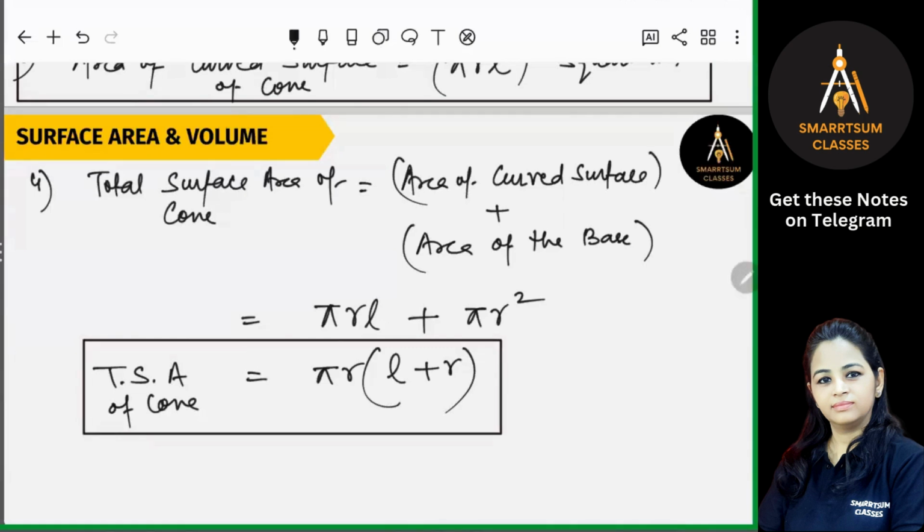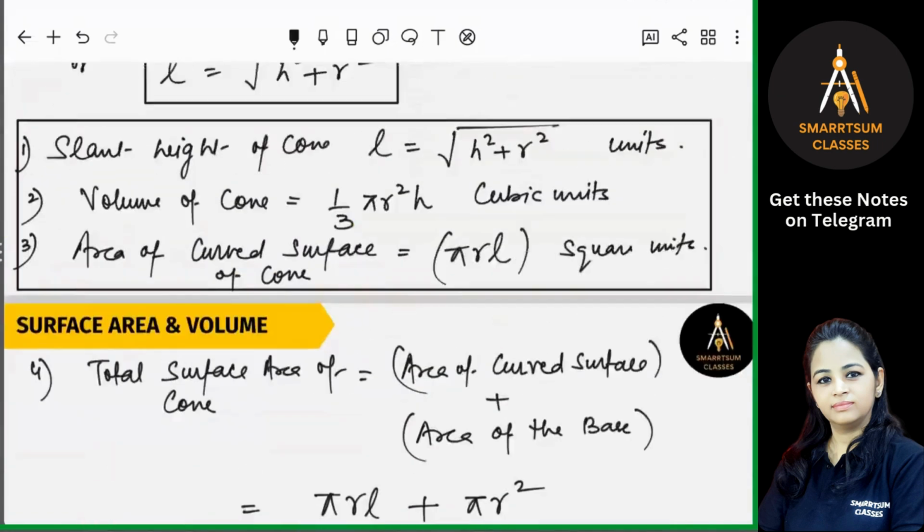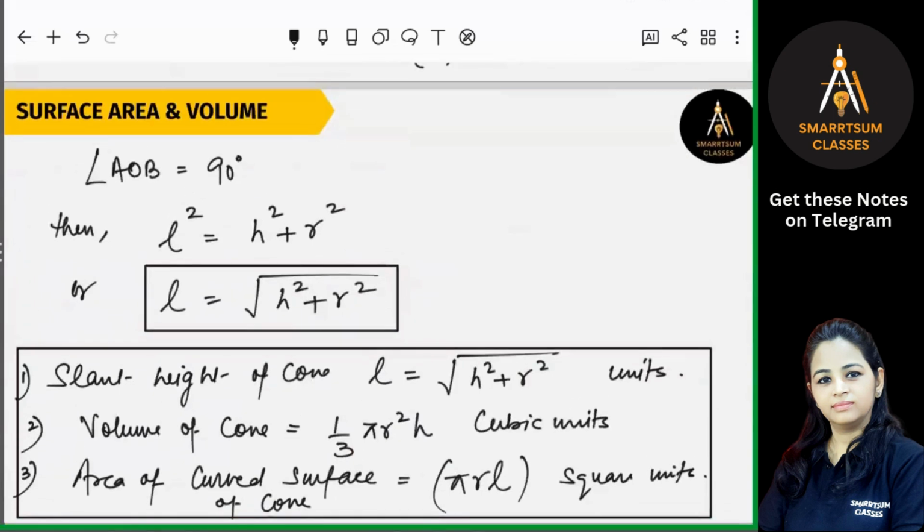And here pi is 22 by 7 unless stated. So if it is not given, you can take pi equal to 22 by 7. Else, if it is given as 3.14, then you can put that value. So these are a few formulas for the cone. Please learn them.